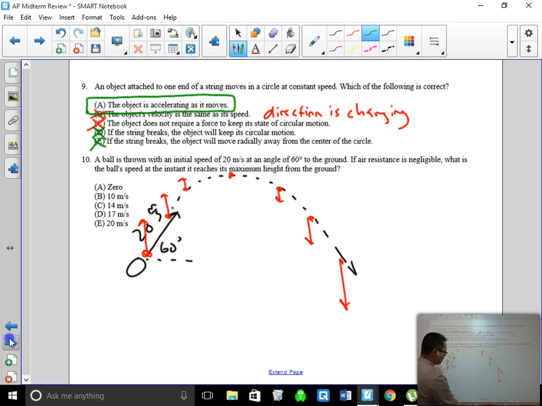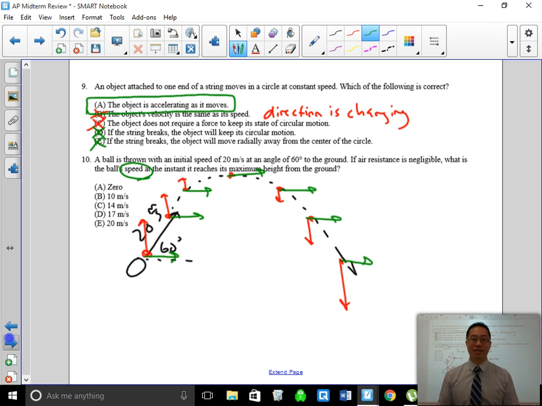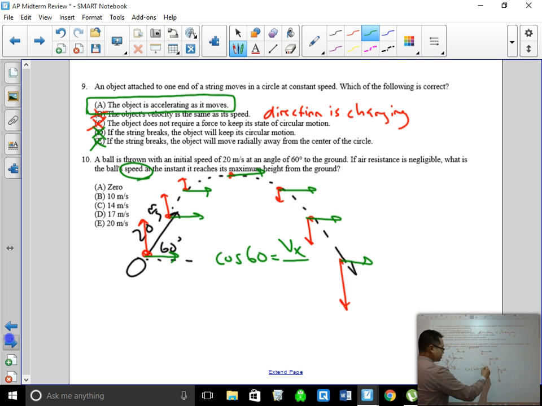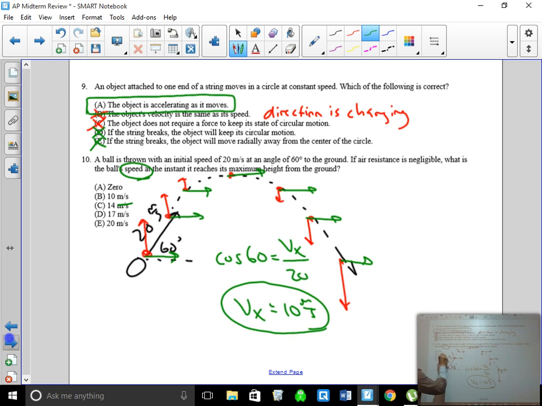Meanwhile, the horizontal velocity stays exactly the same. So when they ask what is the speed at the top, the only speed there is the x velocity. So to find the x velocity, cosine 60 equals Vx over the hypotenuse of 20. So Vx equals 10 meters per second, or choice D.